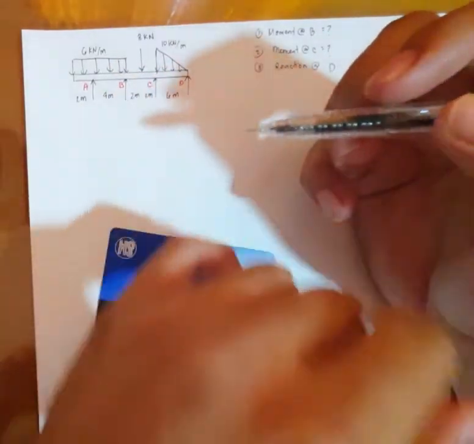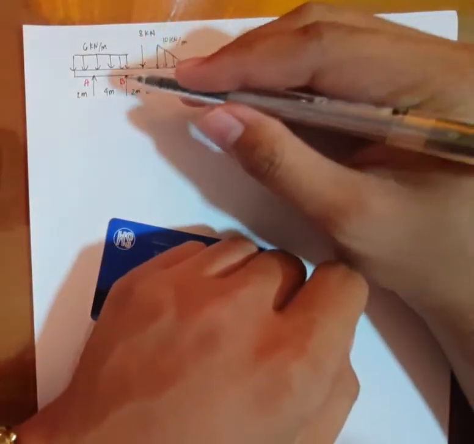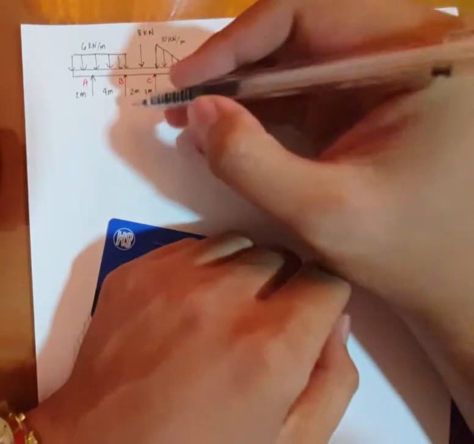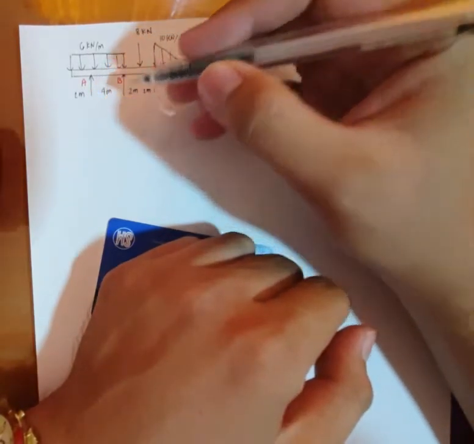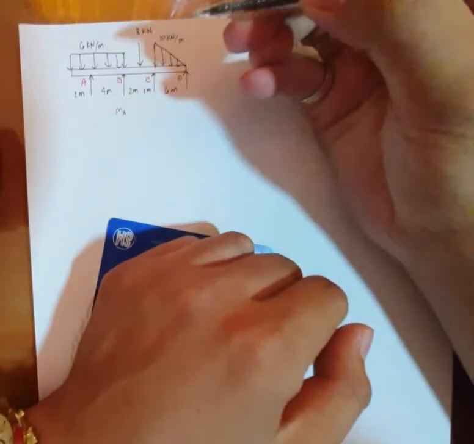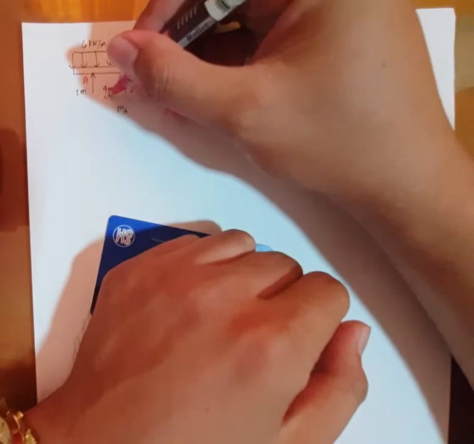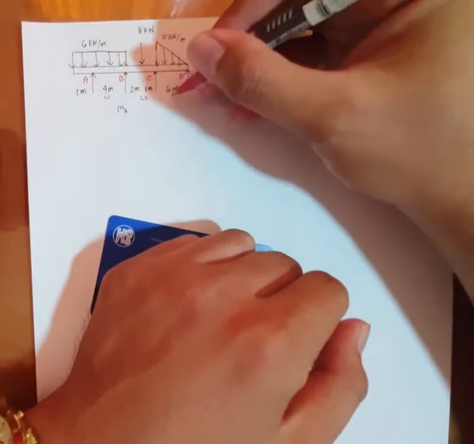So the first step, don't forget, when you see this, write down the general formula. We have the MA. So this is L1, this is L2, this is L3.